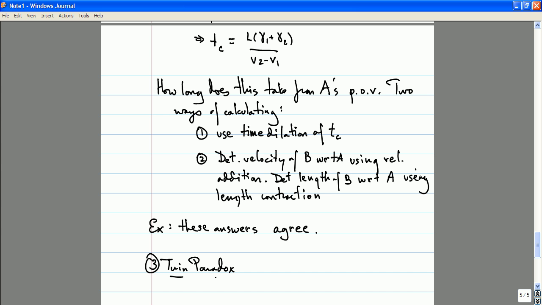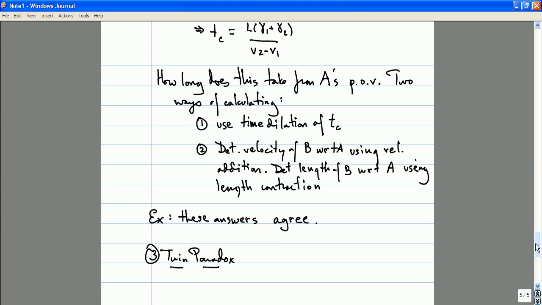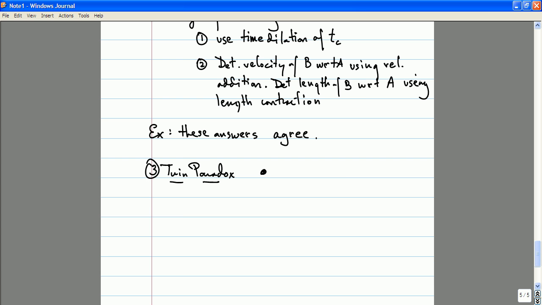So let's imagine, this is something that you all probably have heard of before. Let's imagine that I have two twins here on Earth. I'll call them A and B. Okay, I'm not very good at coming up with baby names. Just ask my wife. Twin A will stay here on Earth.